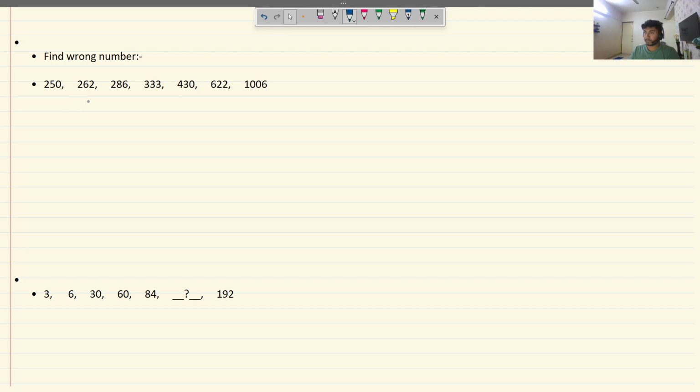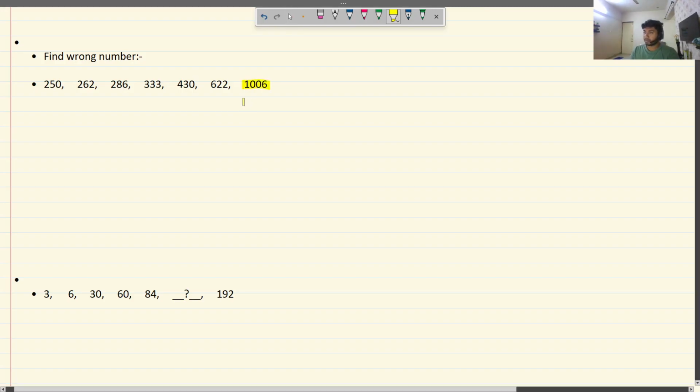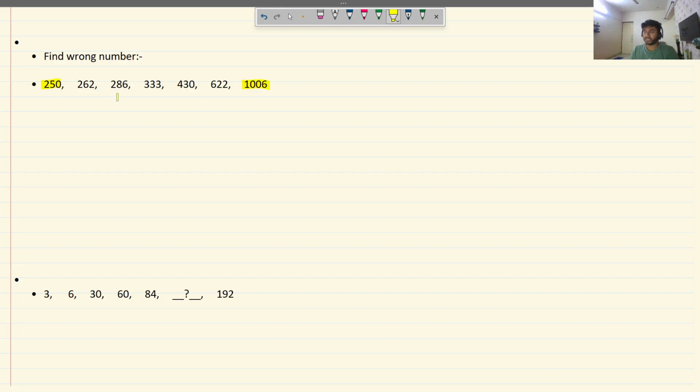So you see, 1006 is a big number, but with respect to 250, not much of a big number. Still, up until almost the first half, the jump between the numbers is not very significant.